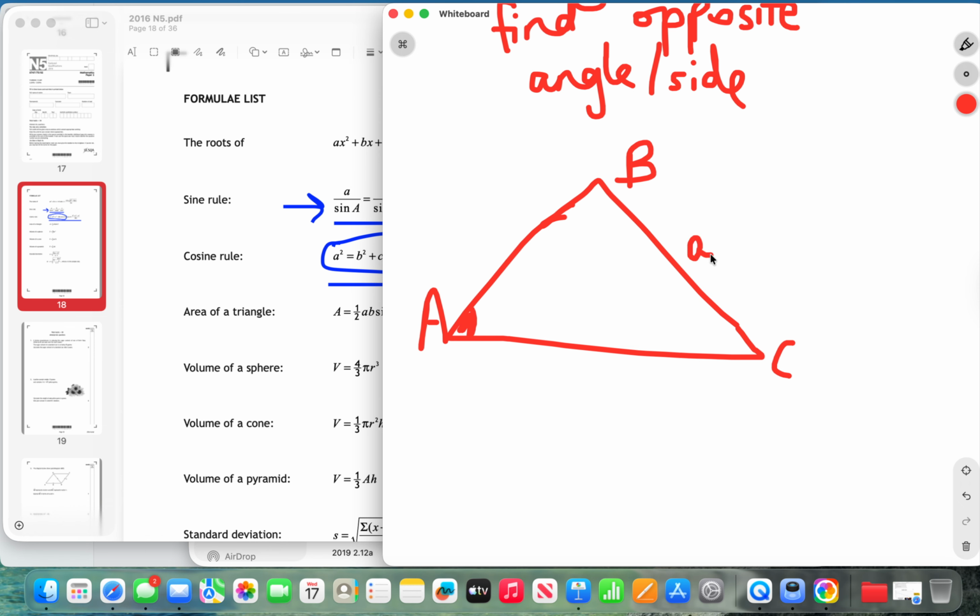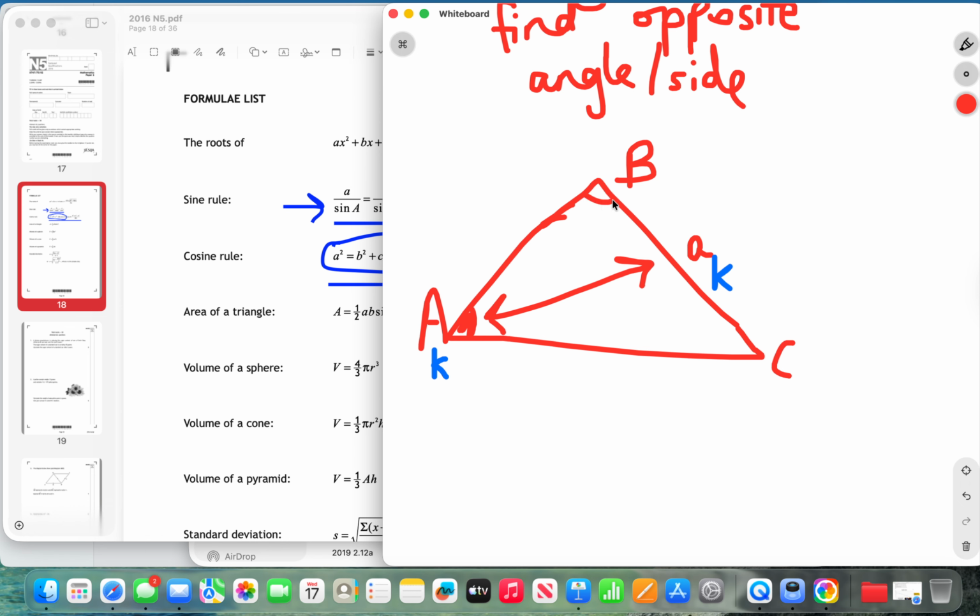We'll label that small a because it is opposite the angle A, with the angle being denoted with the capital A, and the side with the small letter. So we know them, and we'll put a K for known. And suppose we then know either the side B or the angle B, and we want to find the other information.